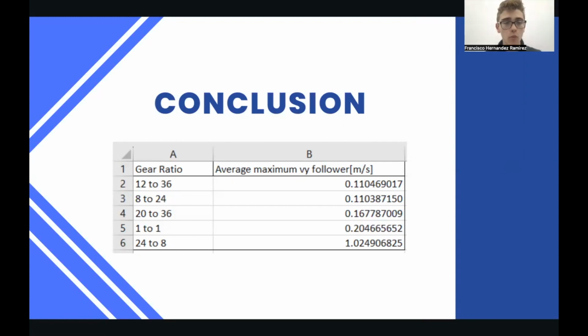The ones with the same gear ratio, 12 to 36 and 8 to 24, remain pretty much the same, with a certain standard deviation, because Tracker can't always locate the points exactly. On the other hand, as you start going up the gear ratios, the values for the maximum velocity of the follower increase. So we have concluded our hypothesis and proved that it's correct.